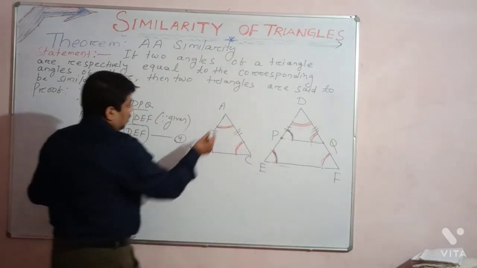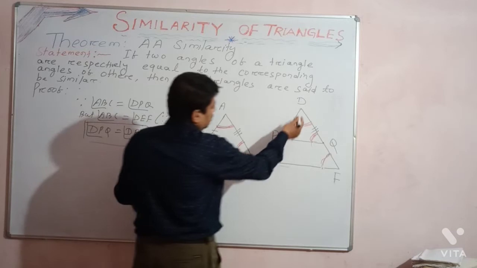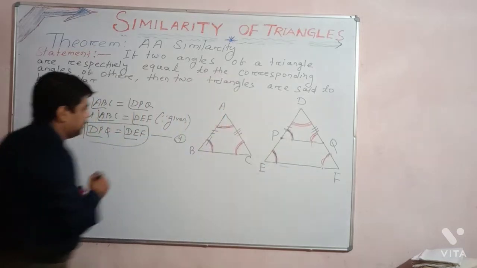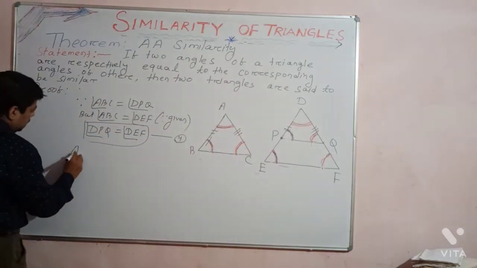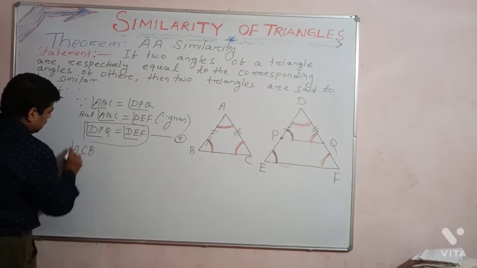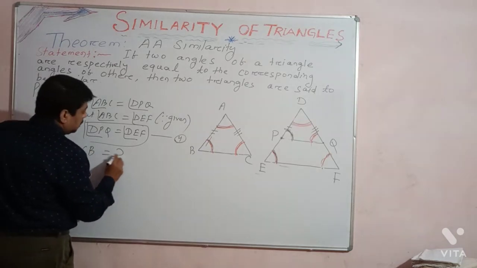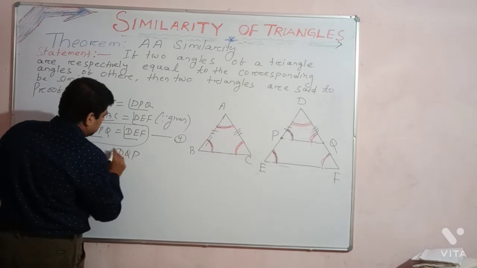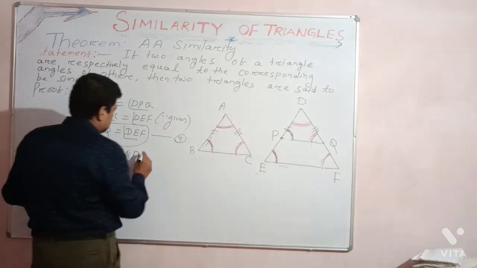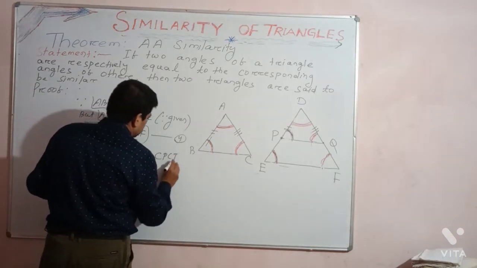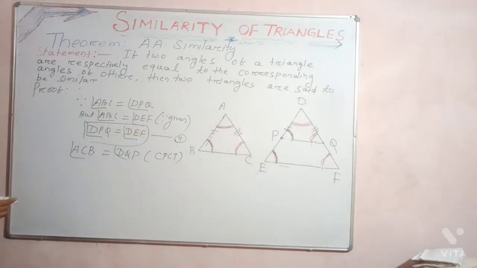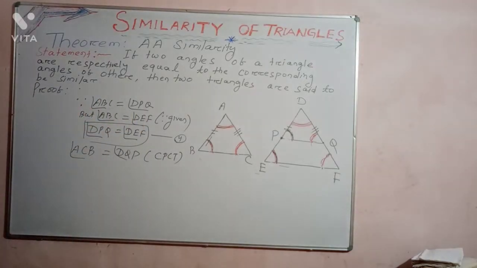Similarly, angle ACB is equal to angle DQP by CPCT, as the two triangles ABC and DPQ are congruent.